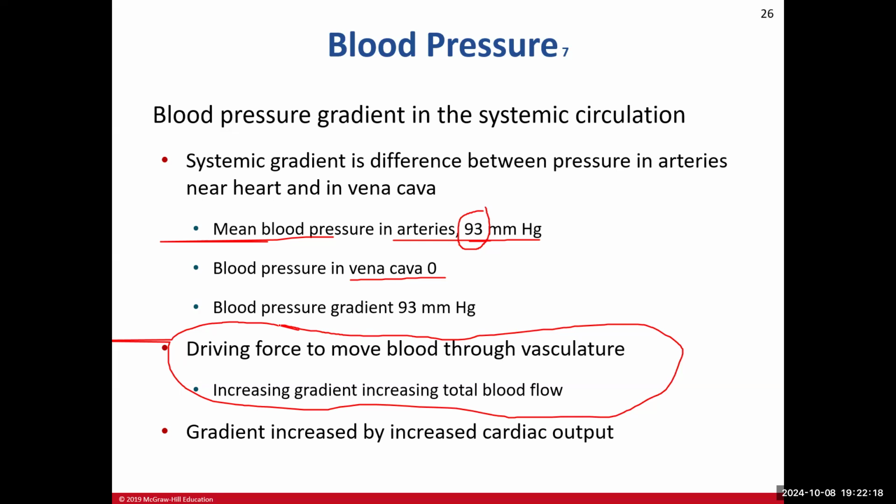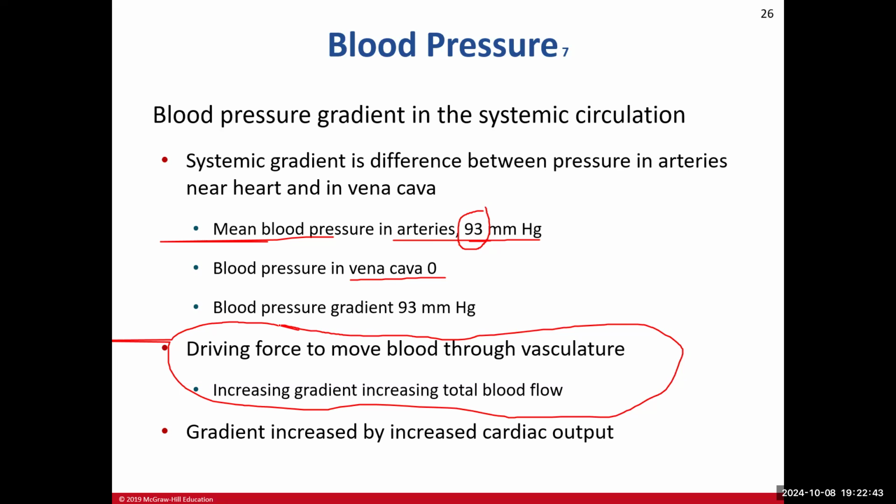All of these things are going to increase your cardiac output. Your heart rate influences your cardiac output. Your stroke volume influences your cardiac output. So when we're talking about our total blood flow, what did I say? Total blood flow and cardiac output are going to be reciprocal.